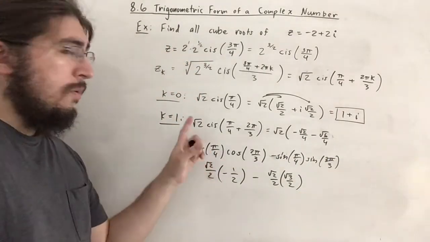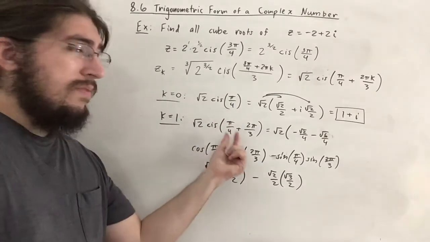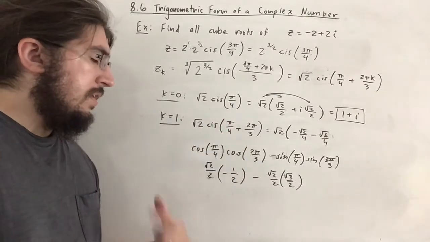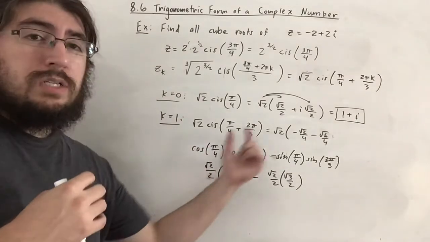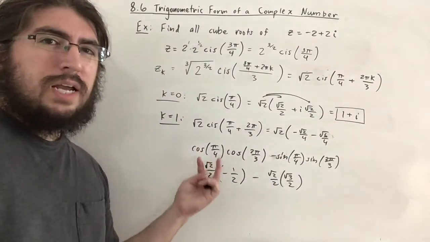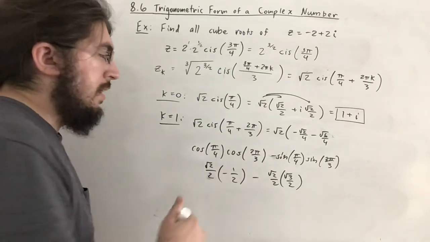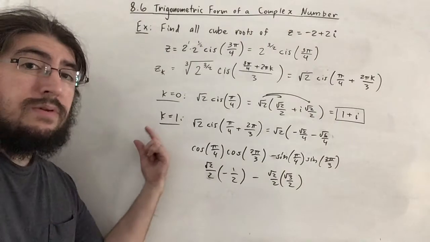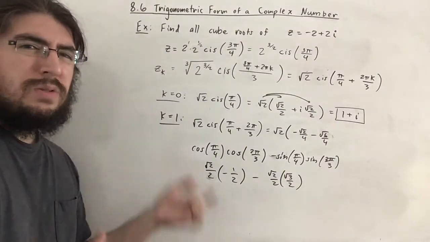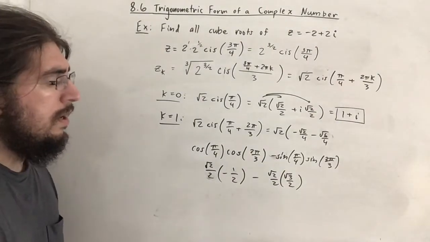For the imaginary part, we have to do sine. And for the sum formula for sine, that's not cosine cosine minus sine sine, but it's sine cosine plus cosine sine. So I know it becomes a little complicated, and then we have to do something similar for k equals 2. But I'll do that off screen just to make this go a little more quickly.